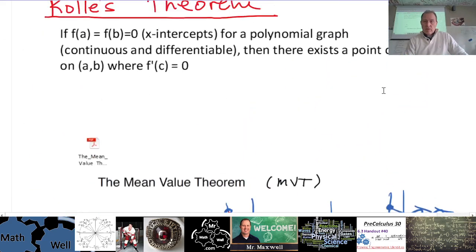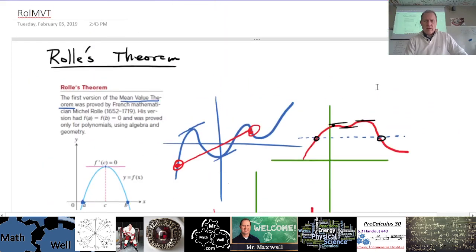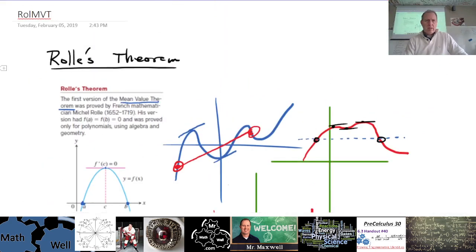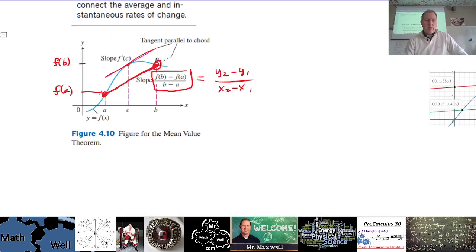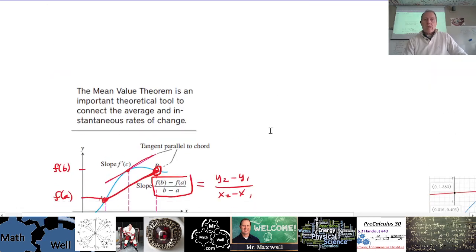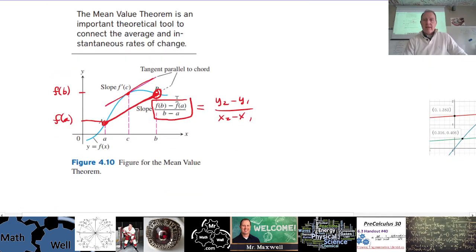So for the mean value theorem, this part right here is the secant line connecting A and B. We already know that's a horizontal line, so this whole thing is equal to 0.